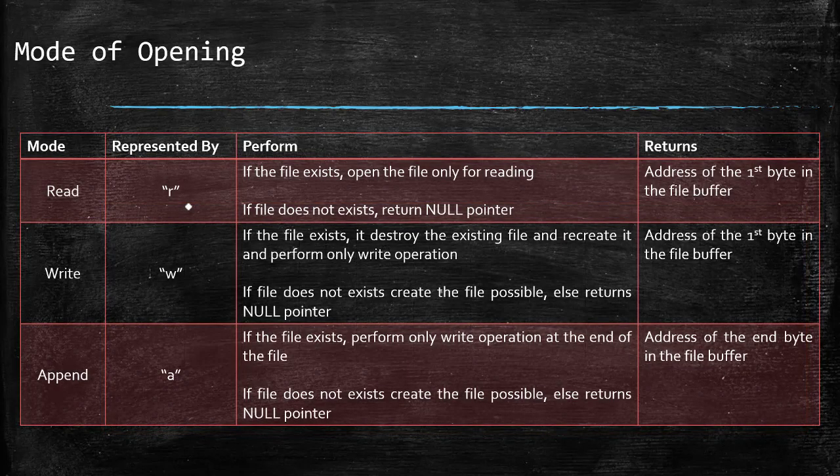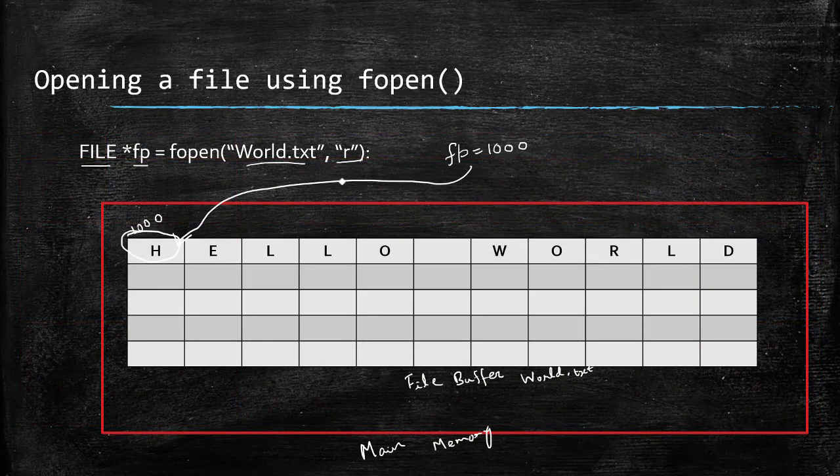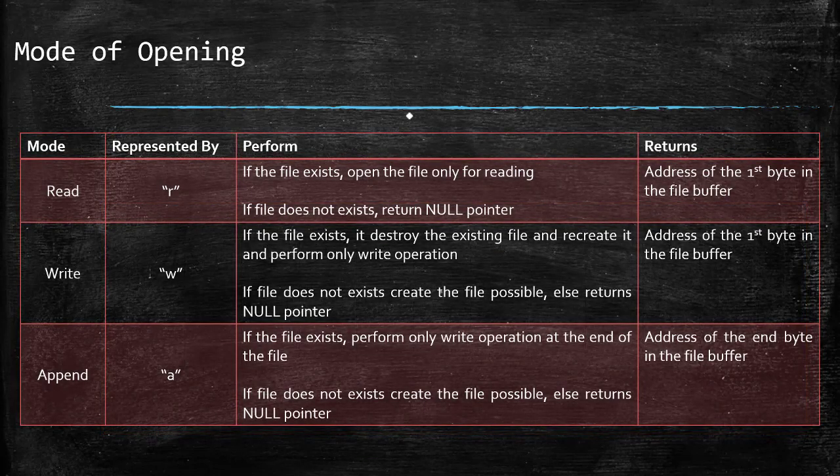Now the next mode is write mode, where we specify a small w within double quotation marks to represent that we are going to open that file in write mode. If we want to open world.txt in write mode, we should write double quotation, small w. Now in write mode, if the file exists, it will first destroy the file and then recreate it.